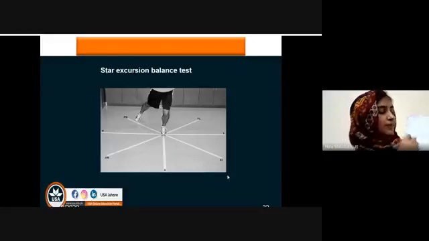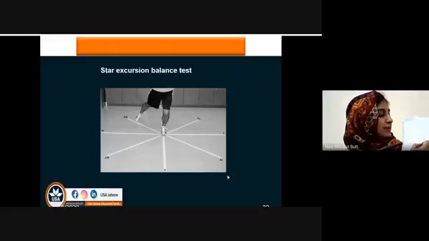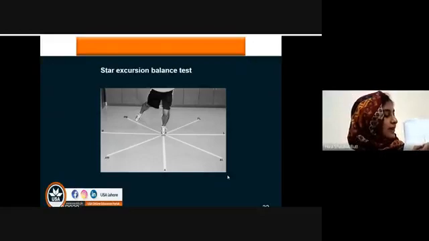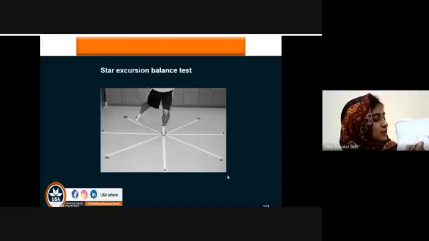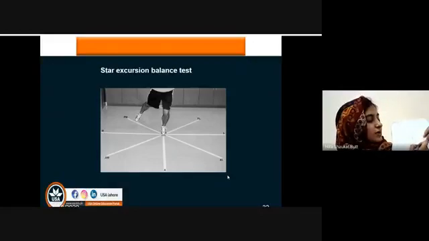and this will be the posteromedial. Now the person will be standing over here on a single leg, and that foot will be fixed, and with the second leg or the second foot, he or she has to touch the supports on these points. And similarly, standing on this leg, he or she has to touch these points.